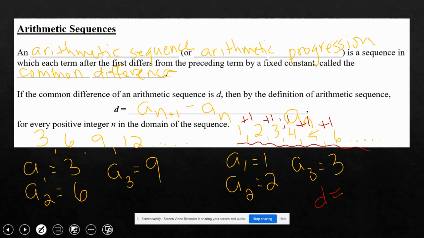So in this case, my common difference would be positive 1, because I'm adding positive 1 every time to find the next number in my list of numbers. If I look at our 3, 6, 9, 12, well, I'm adding 3, adding 3, adding 3. So my common difference would be positive 3 because I'm adding 3 every time. That's the rule that I'm using to move from term to term.